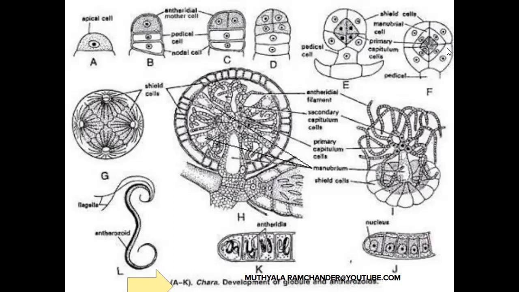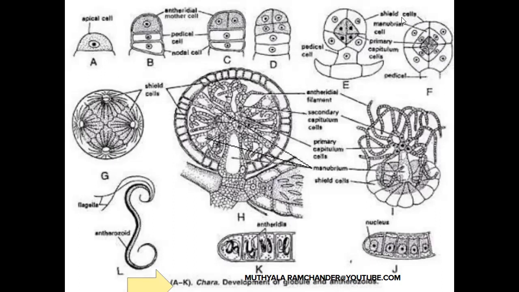From these 24 cells, 8 cells are present in the outer whorl, 8 cells in the middle whorl, and 8 cells at the center region. In total, 24 cells are arranged in 3 whorls. In each whorl, 8 cells are present. From these 3 whorls, the outer whorl's 8 cells are called shield cells.